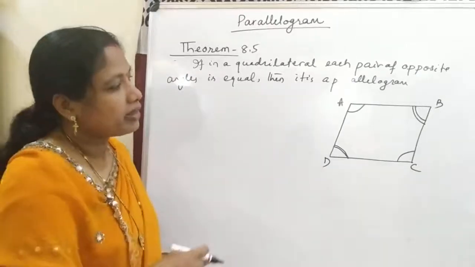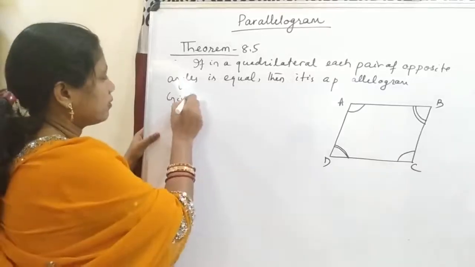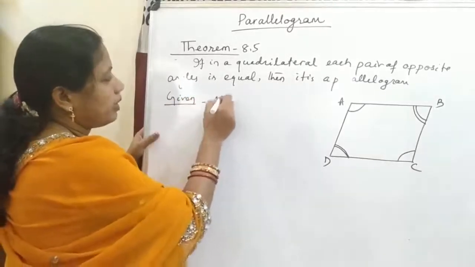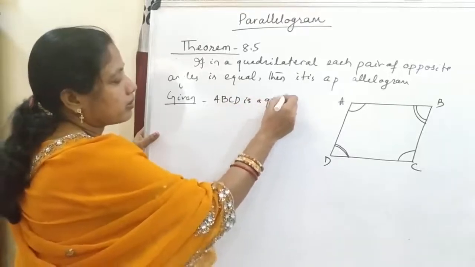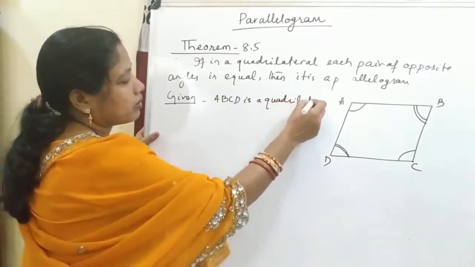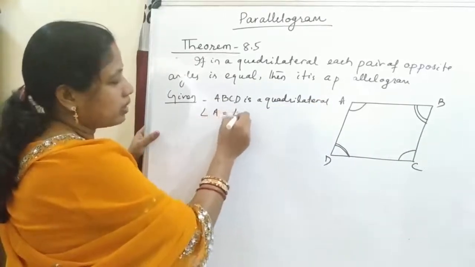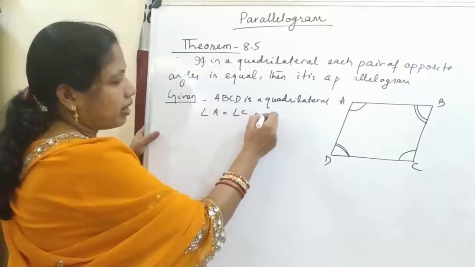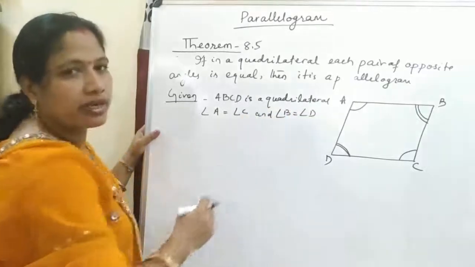Here it is given that ABCD is a quadrilateral, and angle A is equal to angle C and angle B is equal to angle D. These are given.